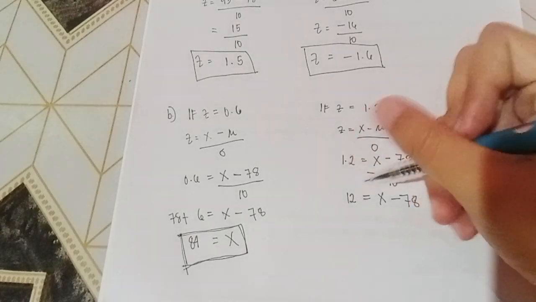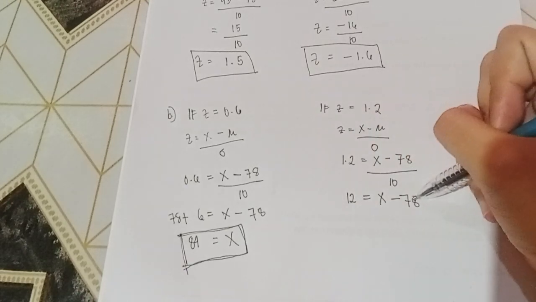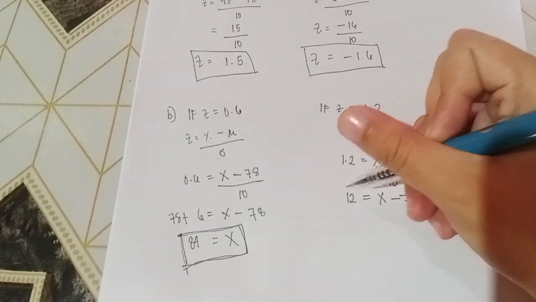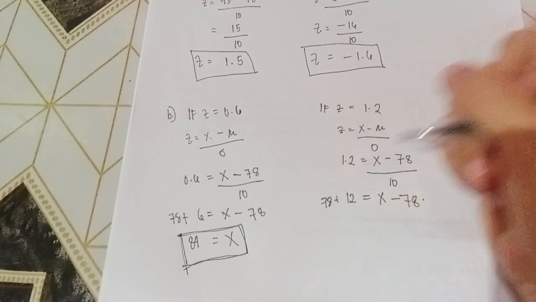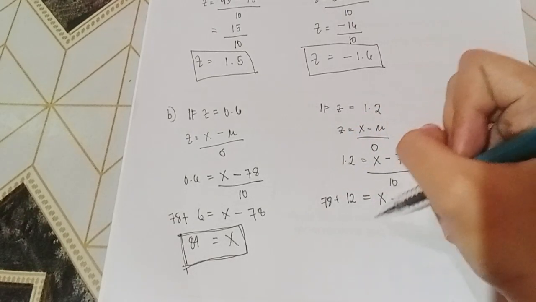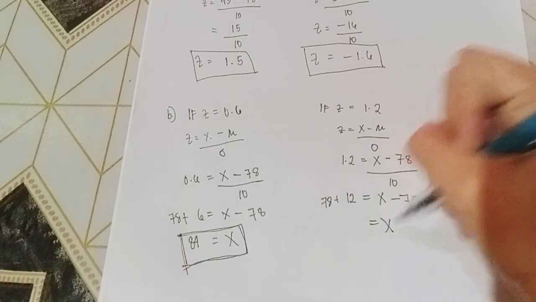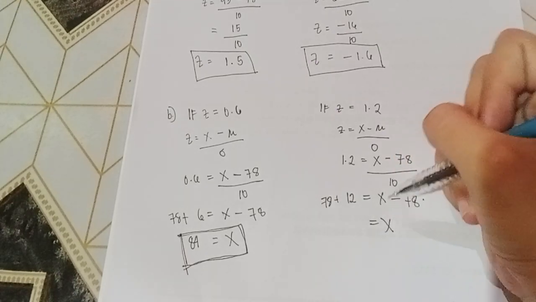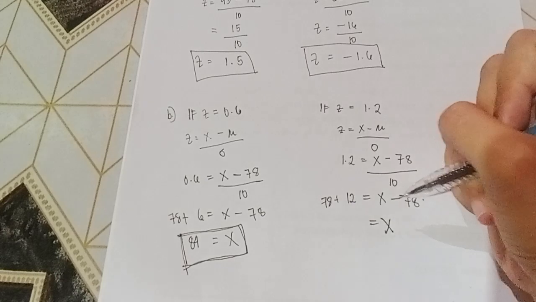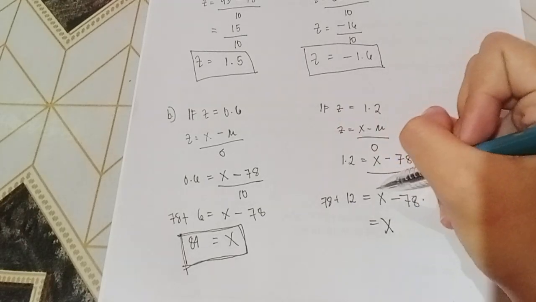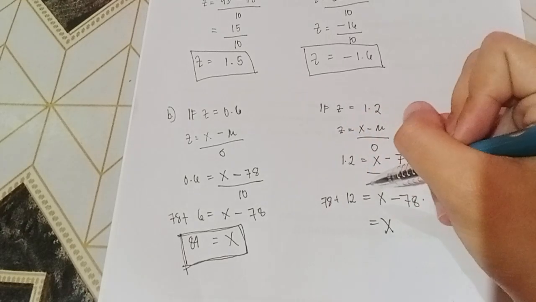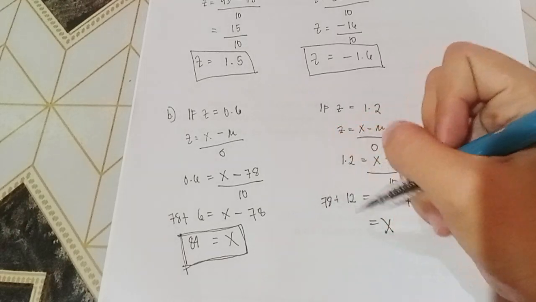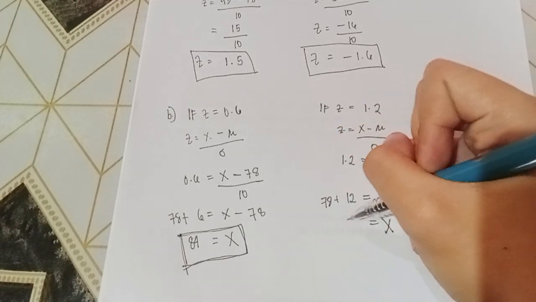We transpose the 78, so X equals 78 plus 12, which is 90.